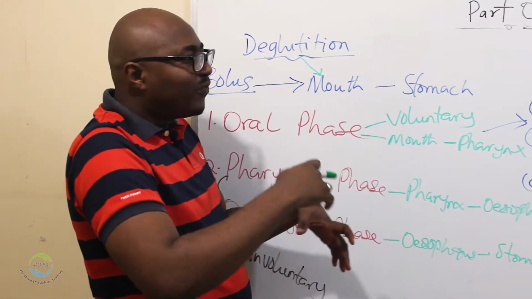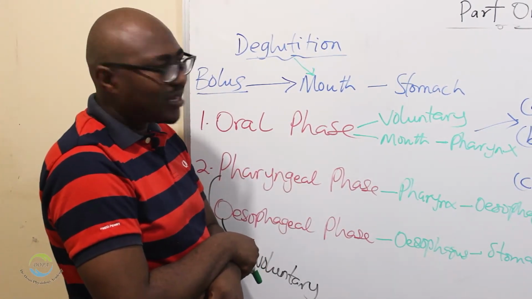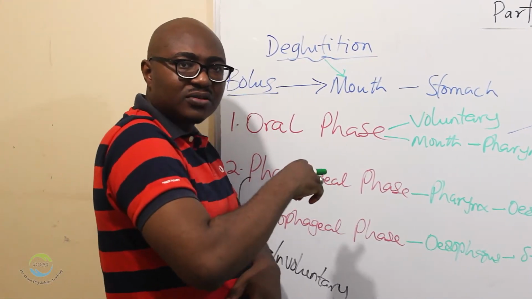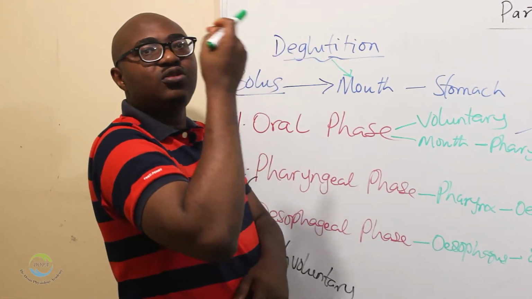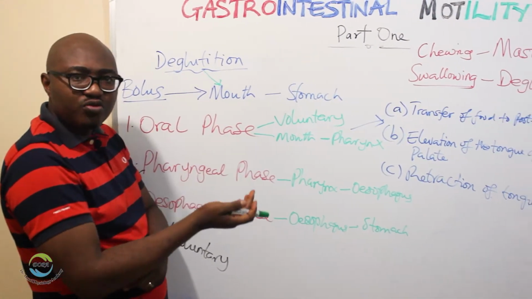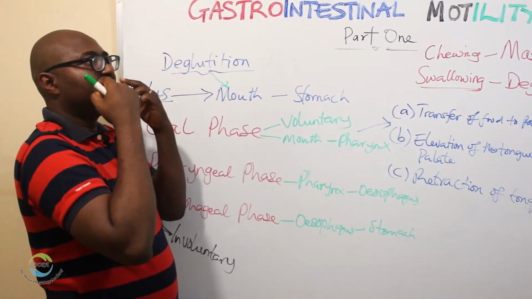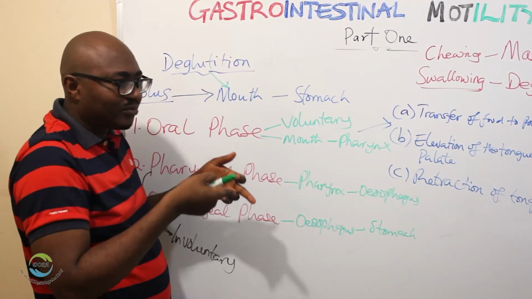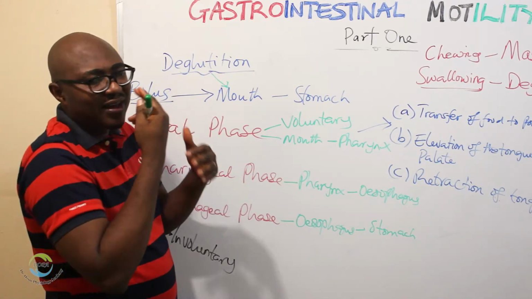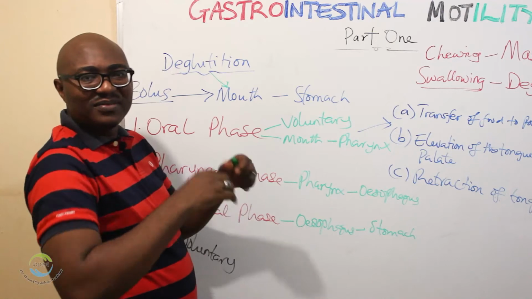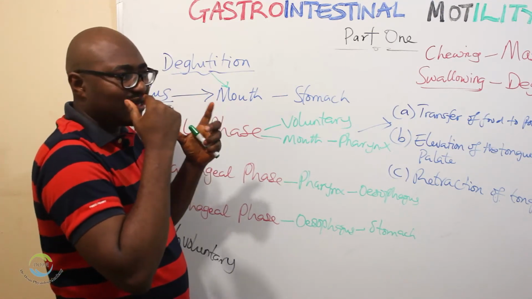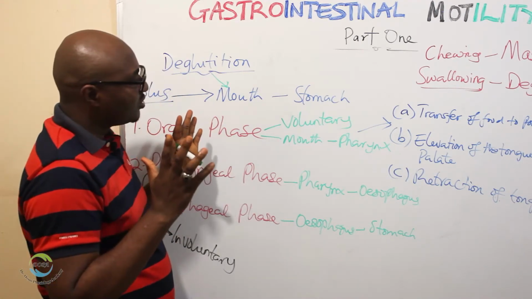So food, if care is not taken, can move into the trachea instead of the esophagus. Food can also move upwards into the nasopharynx and come out from the nose, especially if the food is very watery. Of course, eba can never come out from the nose, but something like soup or tea, if you don't swallow well, can choke and come out from your nose.